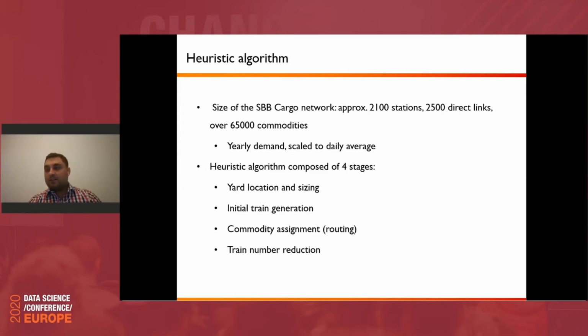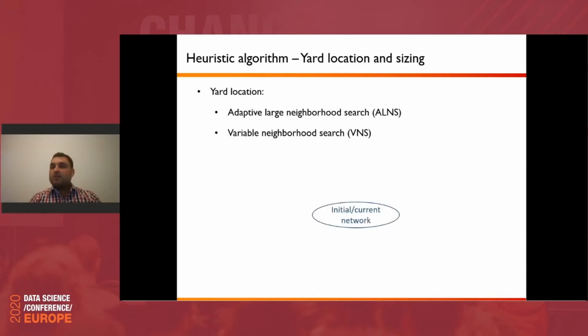Because this problem size is quite big, we are unable to solve it to find the exact optimal solution. So we needed to opt for a heuristic algorithm, which in this case was composed of 4 stages. The first stage was about locating and sizing the yards within the SBB Cargo network.